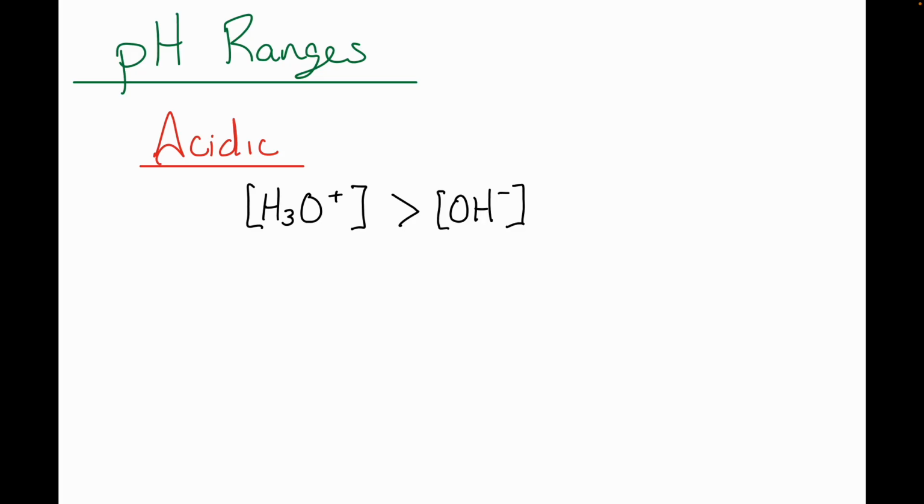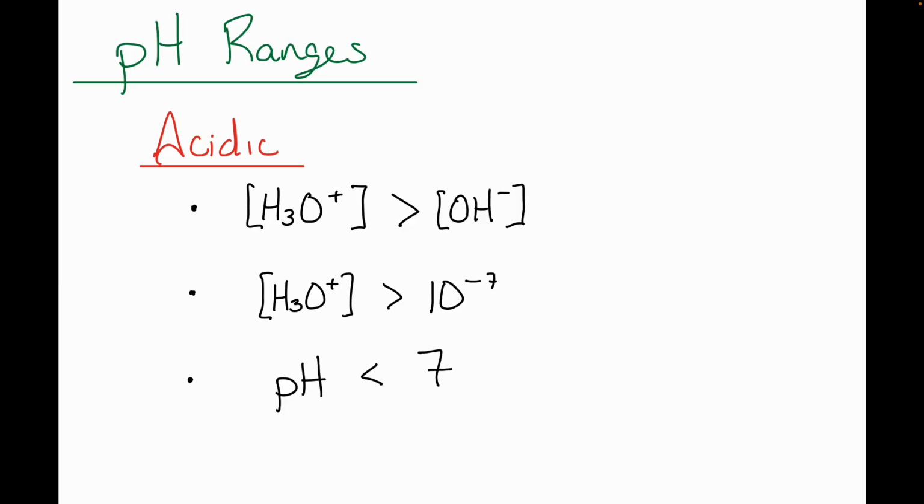And given that we know that the product of these two always has to equal that same magic number, 10 to the negative 14, that means that an acidic solution would have a concentration of hydronium that's greater than 10 to the negative 7. And if instead we put that on our log scale, on our pH scale, that would be the same thing as saying that the pH of this solution is less than 7. Remember, pH is a negative log, so that's how my sign got flipped here in my equality.